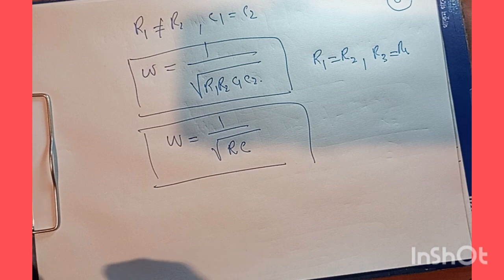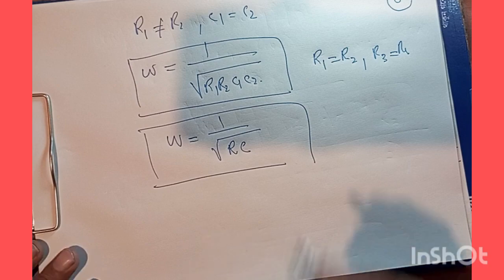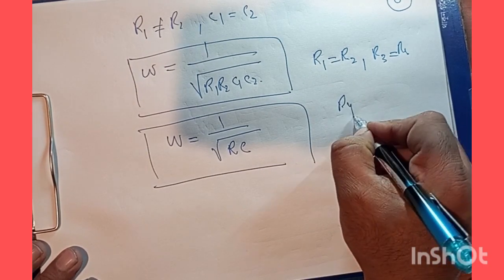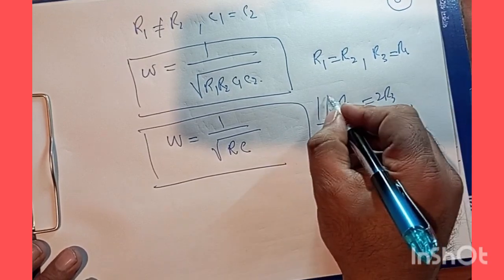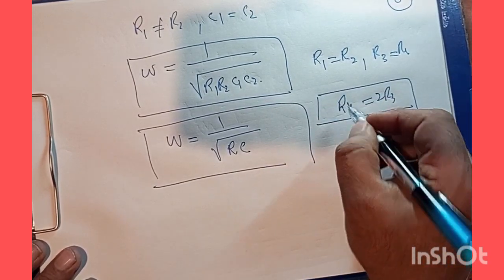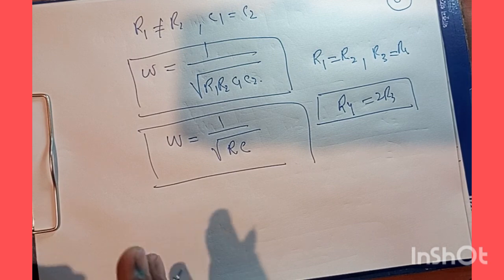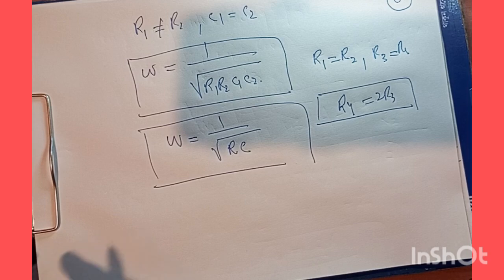We could also analyze the relation between R3 and R4, and we could see that R4 should be 2 times R3 for sustained oscillation, and we made use of the Barkhausen criteria to evaluate the resonance frequency and to correlate the resistances R4 and R3.